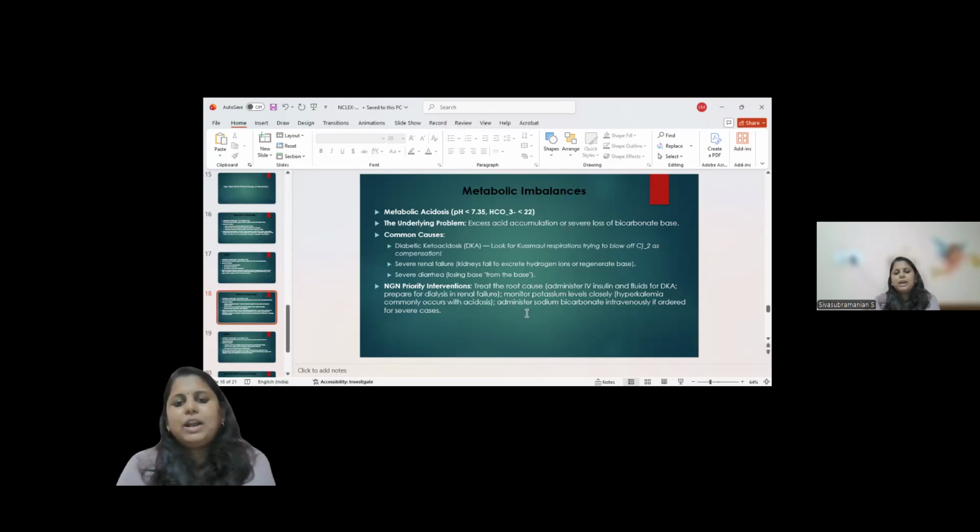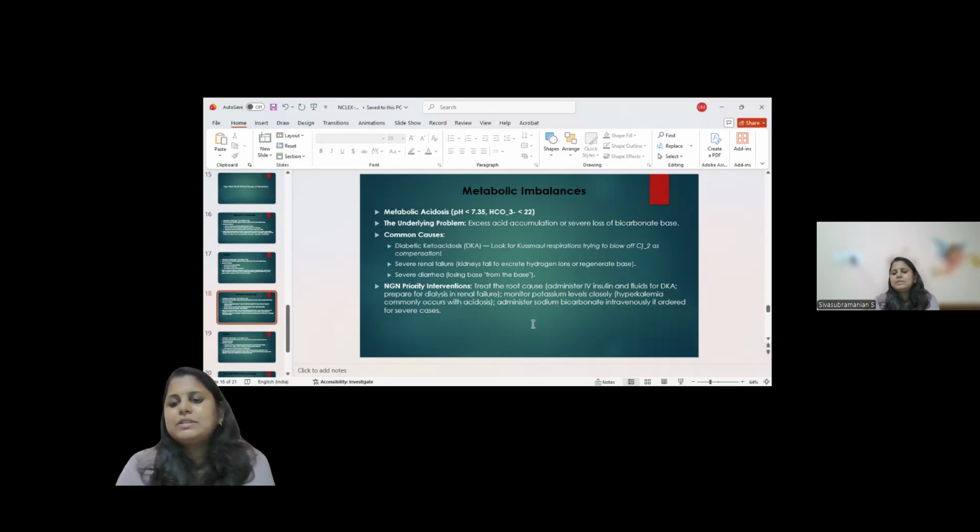So we have to treat the root cause. We administer IV insulin and fluid replacement in case of DKA. Then we prepare the patient for dialysis in case of renal failure. Then monitor the potassium level closely, since hyperkalemia commonly occurs with acidosis.